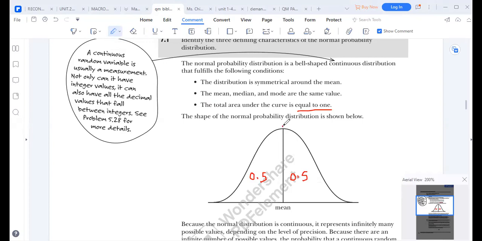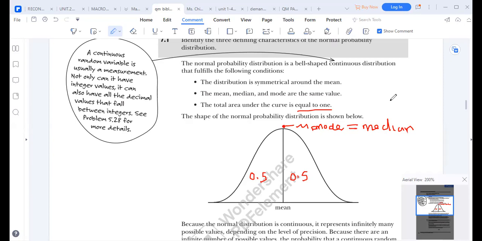Then at this point here, our mean, our mode, and our median are the same. They're equal to 0 if you standardize them. Mean is equal to the mode, is equal to the median. Then these tails don't touch the base, they don't really touch down there.